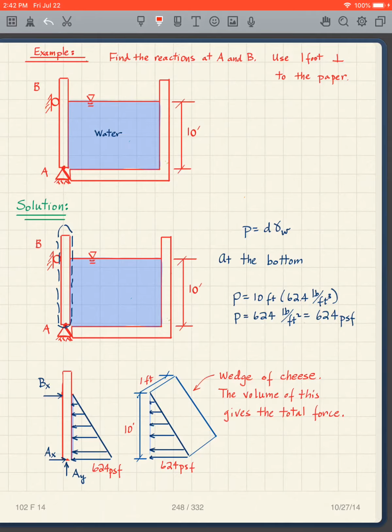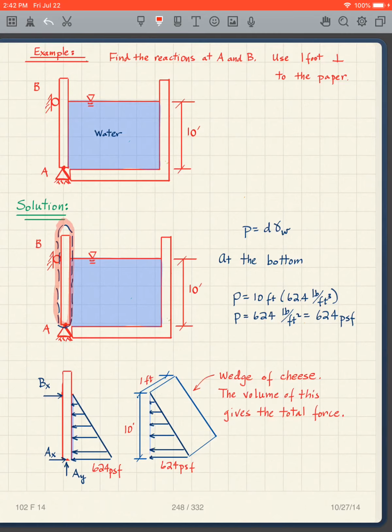And what we're going to do to determine the reactions is, first I'm going to figure out what is the pressure exerted by the water onto the wall. So I'm going to come in, I'm going to make a cut. I'm going to make a cut at the roller, at the pin, and then I'm going to cut through the water right next to the wall.